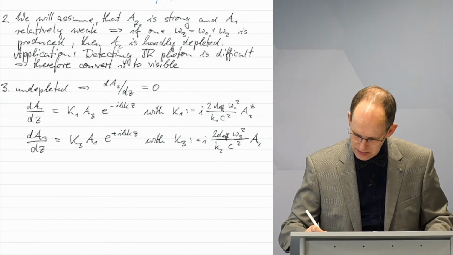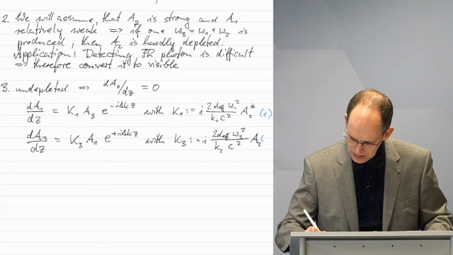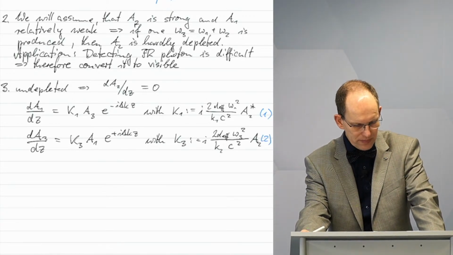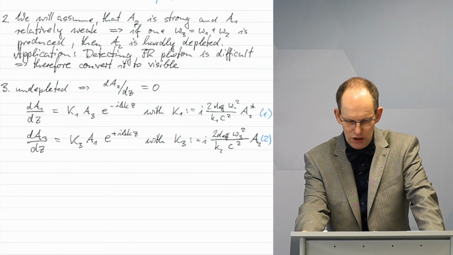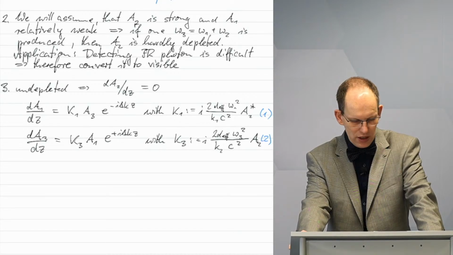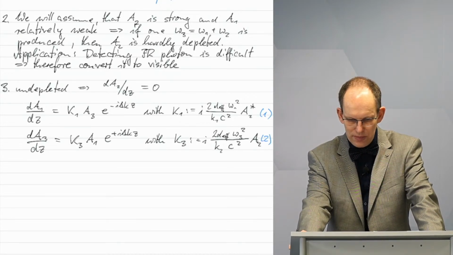So these are equations 1 and 2 with which we will work throughout this chapter. Okay, so we have now a system of two coupled equations, and of course we want to solve them.